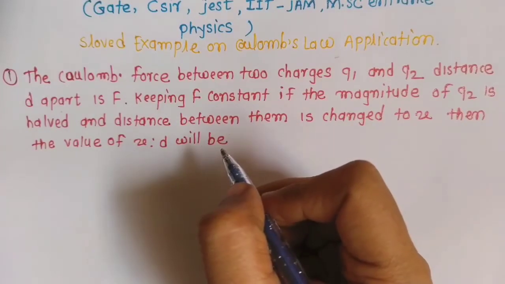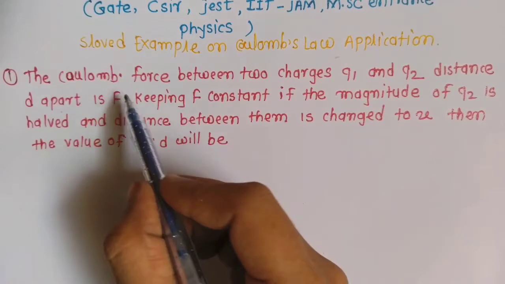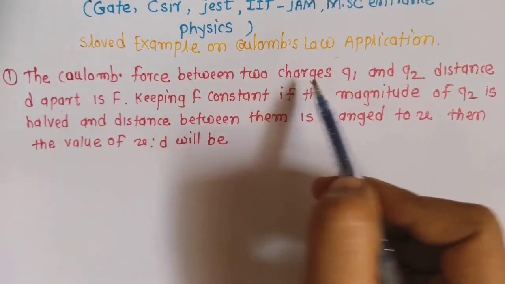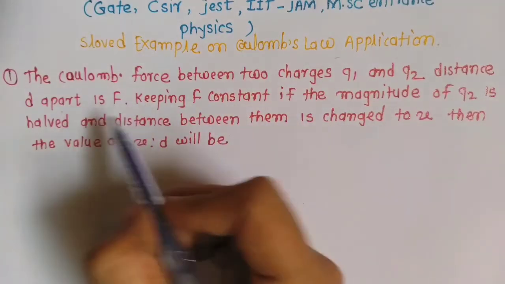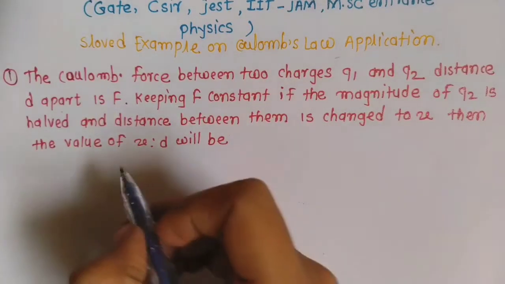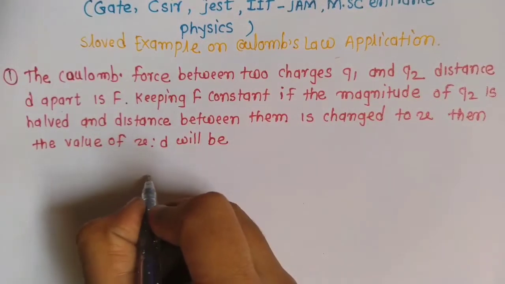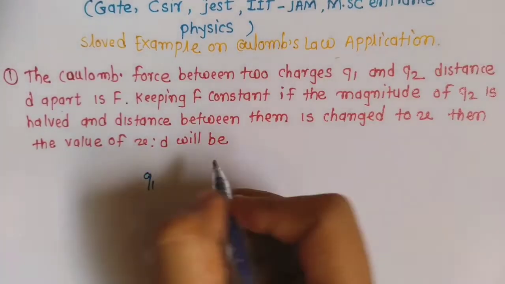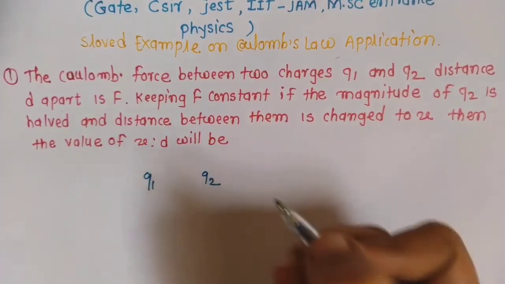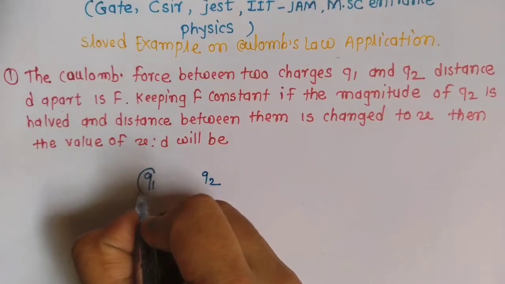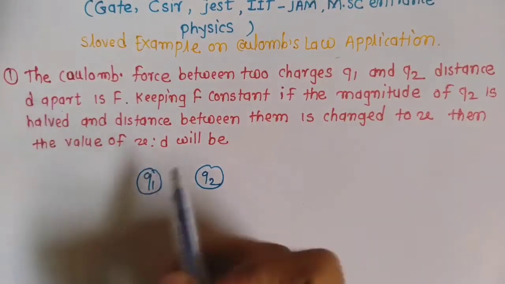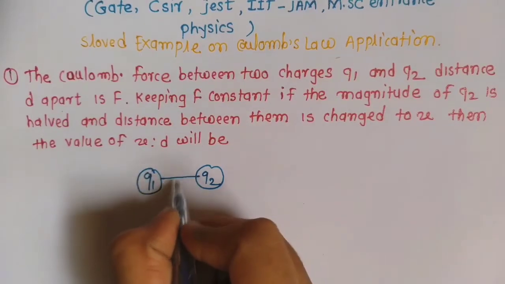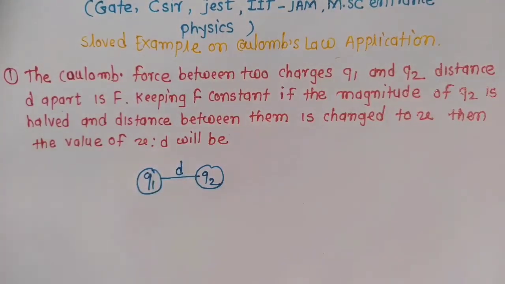The first example: the Coulomb force between two charges Q1 and Q2, a distance d apart, is F. So we have two charges Q1 and Q2, and the distance between them is d.